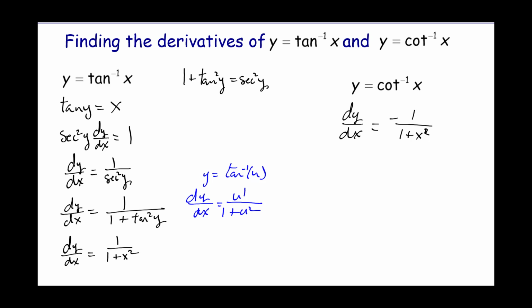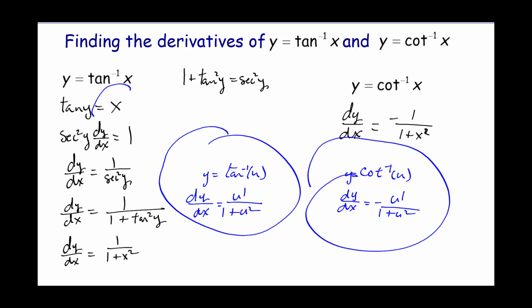And then for the inverse cotan of u, the derivative would be the opposite, or just negative u prime over 1 plus u squared. And these you want to know. Those you need to memorize, just like you need to remember the formulas for the inverse sine and cosine derivatives.